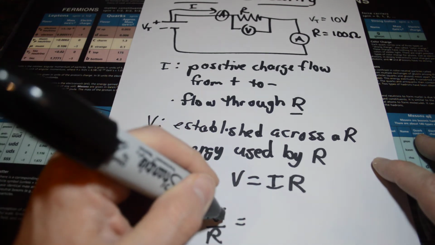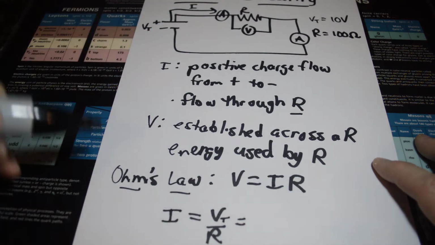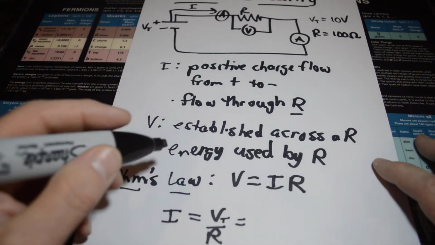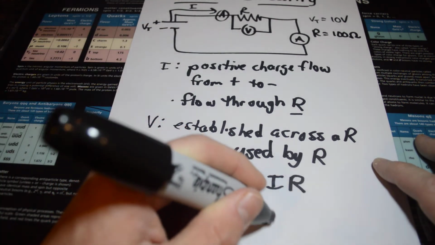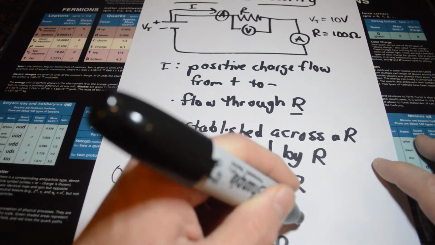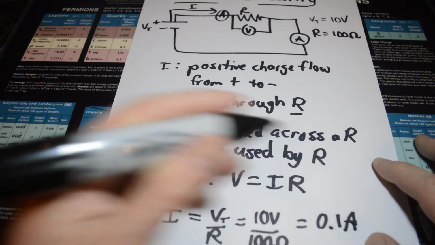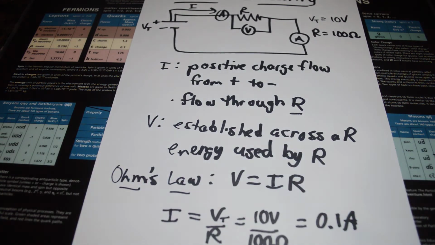Well, the voltage, there's only one place for the energy to be used up, and that's at the resistor. So that resistor is going to get the total of 10 volts. And the resistance is said to be 100 ohms. So what I'm going to get is 1/10 of an amp measured by that ammeter through that resistor.